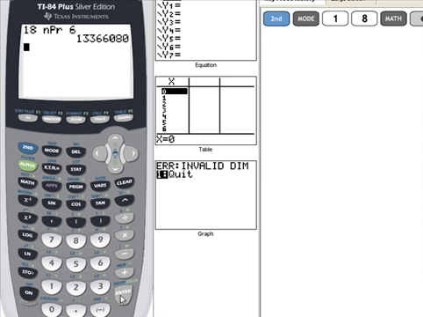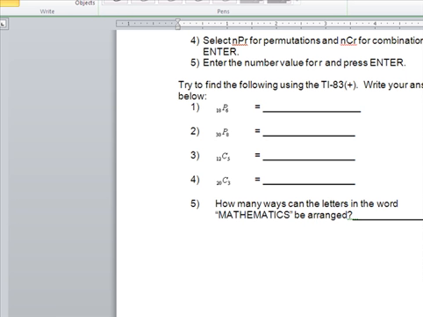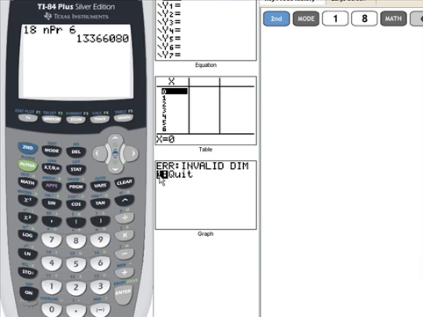Alright, let's look at our number 2. We have permutations of 30 taken 8 at a time. So 30, I want to go to math, PRB, it's number 2, I want 8. Okay, now notice what's happening here. Sometimes you're going to get scientific notation.